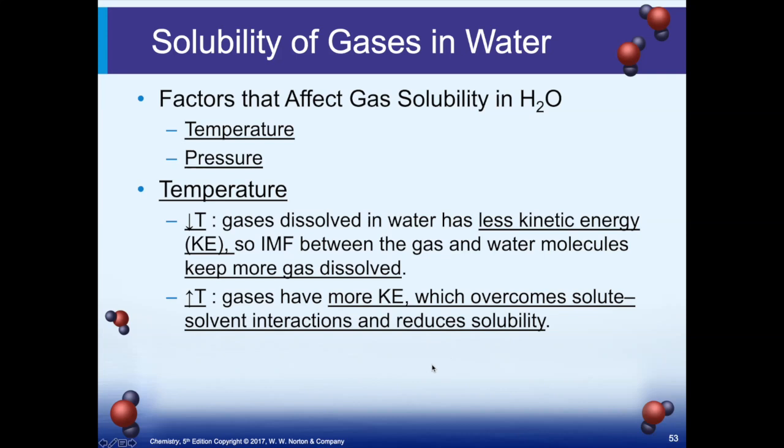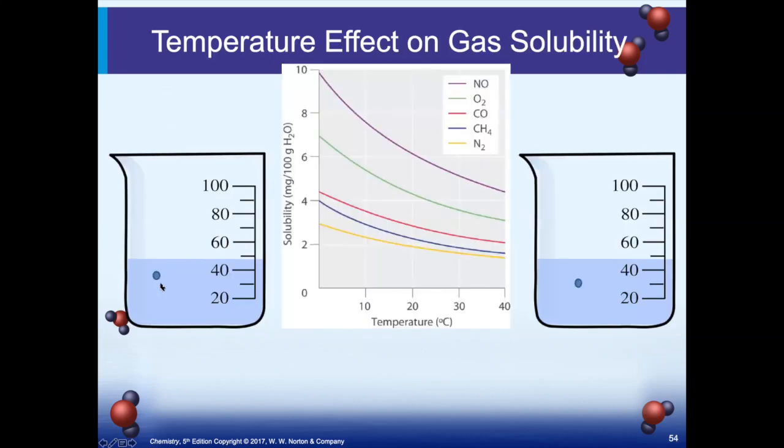So the overall effect is this. When you're at a low temperature, your gas molecules stay in solution because they're just moving around with low kinetic energy. And so those intermolecular forces represent an energy that's greater than the kinetic energy of those gas molecules. Okay, that's if you're at a low temperature. Well, what if you're at a high temperature?